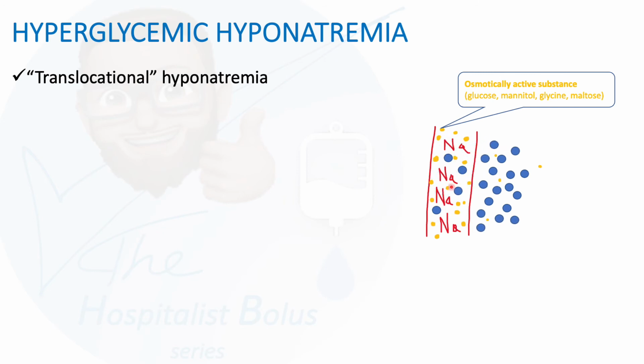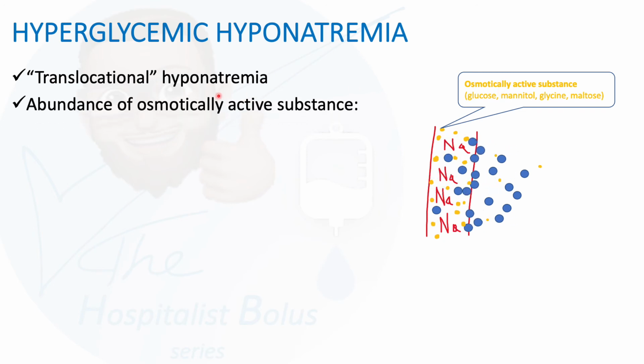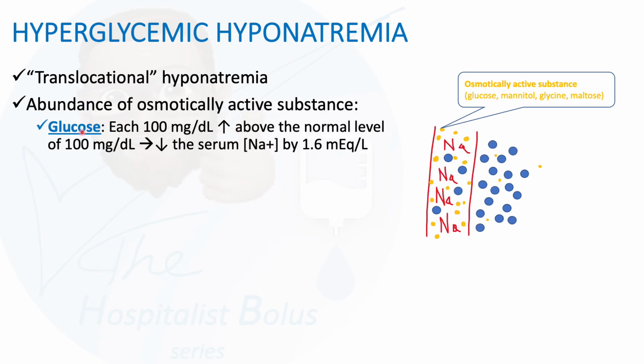So the measured sodium will be low, although the number of sodium particles might not change. This is because of the translocation of water, because of the increased osmotically active substances, that led to hyponatremia despite the osmolality being high. So the most common cause that you're going to see is hyperglycemia, right?